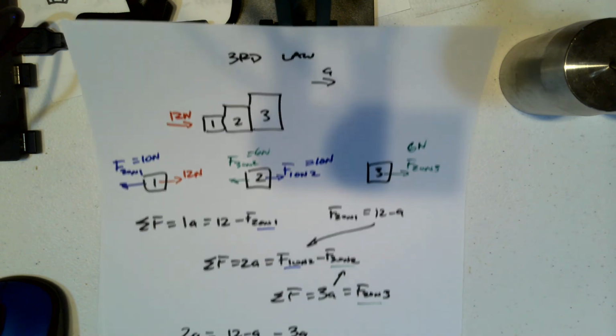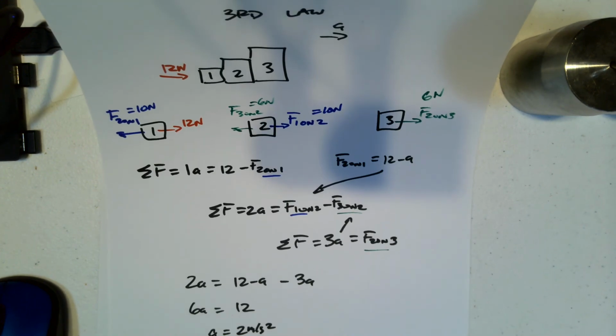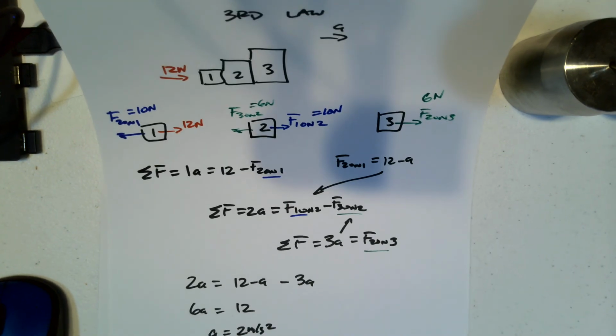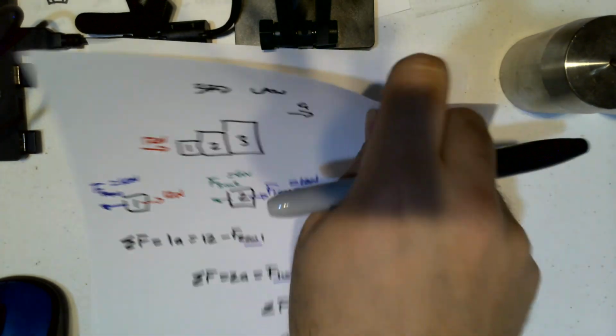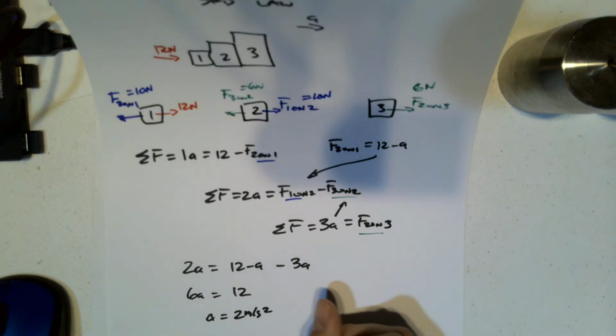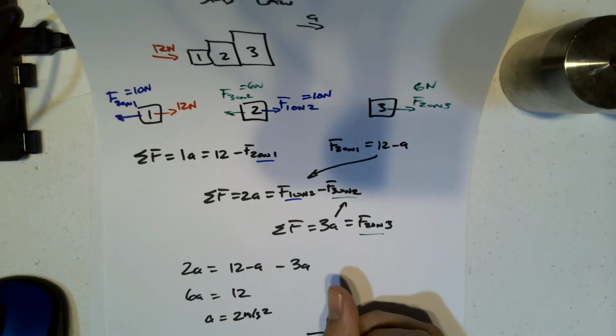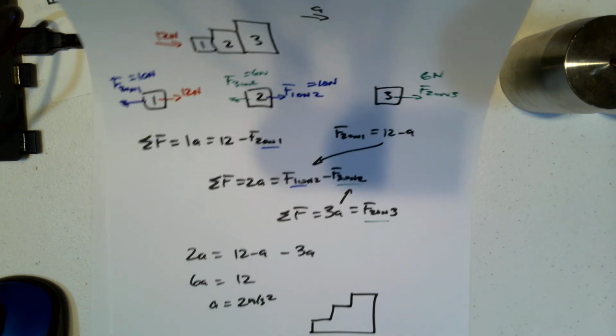So we had to do a lot of algebra to get the acceleration here. And, you know, it does work, but let me point out one other thing here. There was a shortcut to this problem in figuring it out. We do have the option of just considering all these 3 masses as one entity. We could have simply said, okay, those 3 masses look like this, and they're 1 plus 2 plus 3.